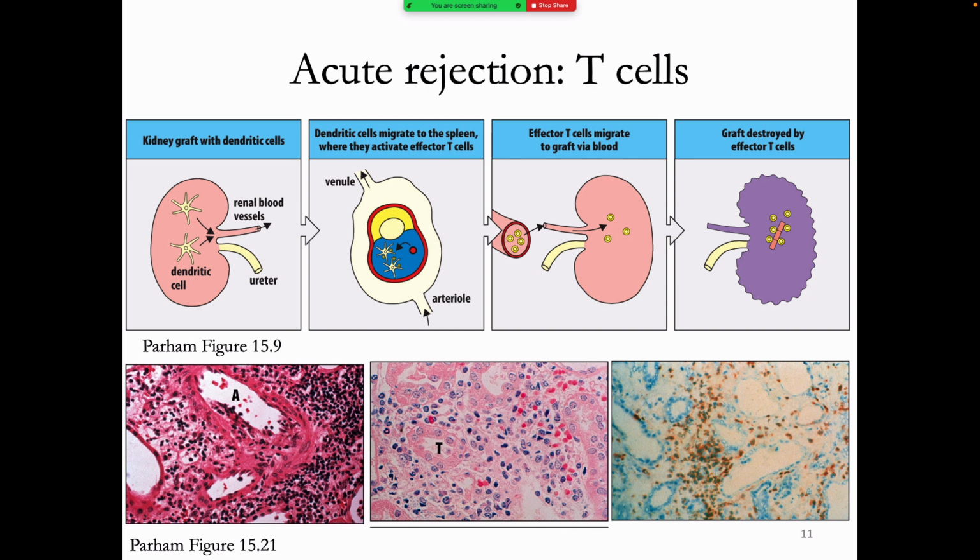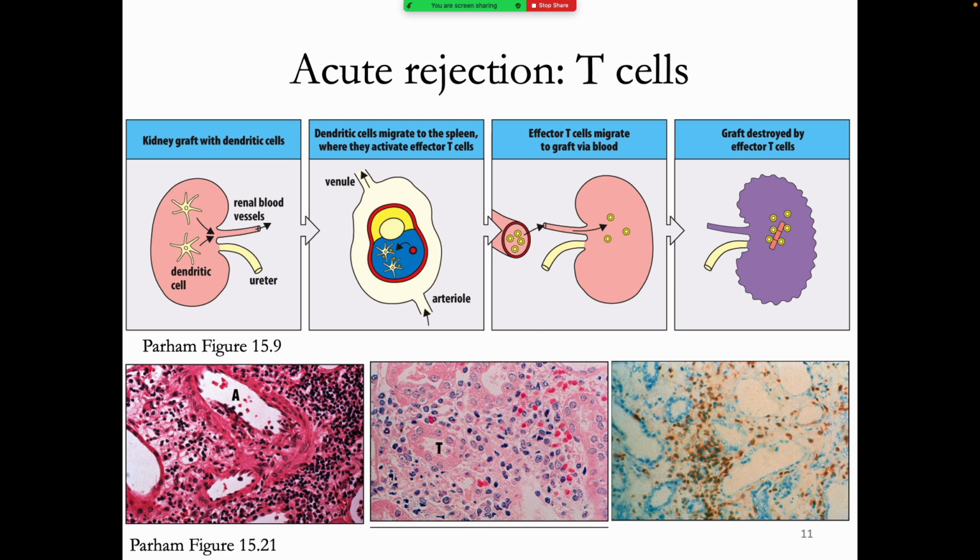So right now, all you care about is there's mystery antigen. Those antigens are going to go to the nearby lymph node. We're going to turn on T cells. Those T cells are then going to traffic back to the organ, and those T cells are going to kill the graft. And here you can also see T cells sort of infiltrating into an organ and leading to some destruction.